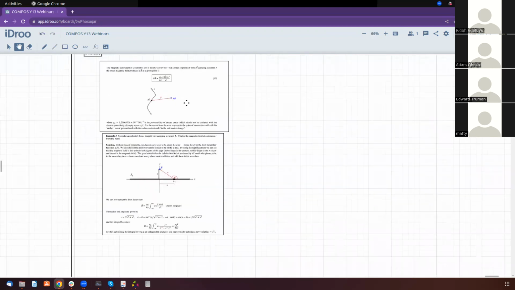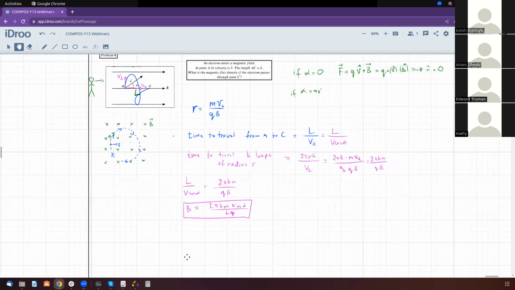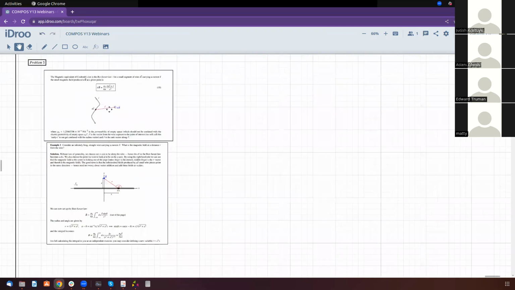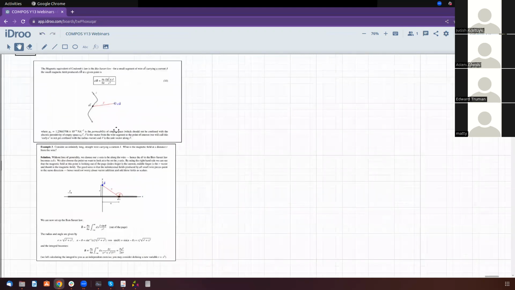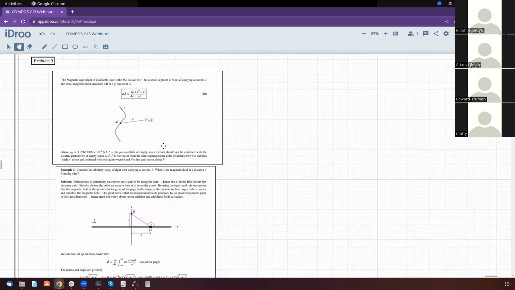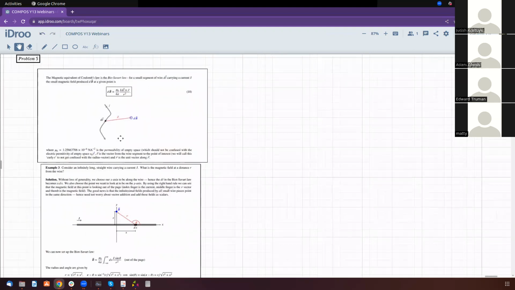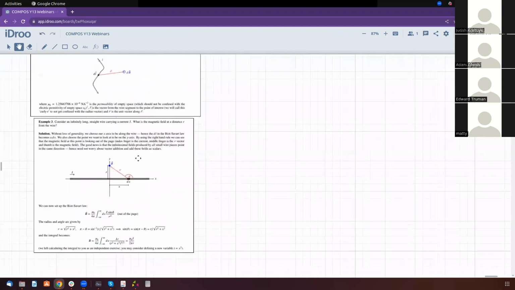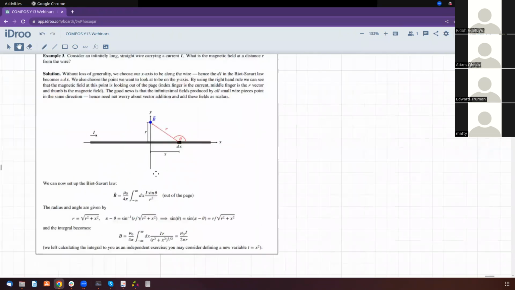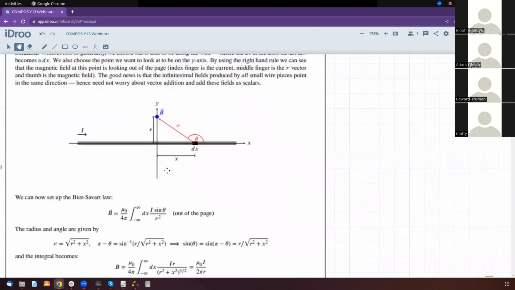Then we move to the Biot-Savart law, and we can work out the field from an infinite conductor, for example. So how does it work?